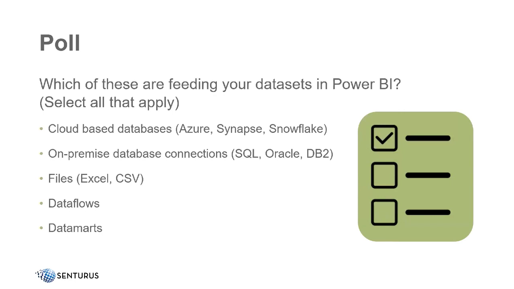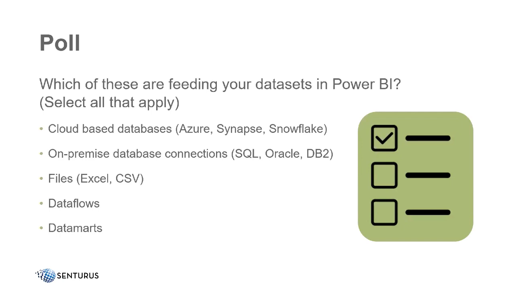So far, the one that I thought would come out on top is coming out on top. My guesstimate is that we're going to see a big chunk of you using on-premise database connections and files. That's my prediction. I'm going to let this run for a minute.